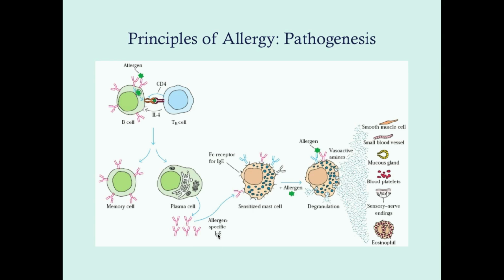Those antibodies will also be expressed on the surface of mast cells, and so when you come into contact with the allergen again, and that allergen interacts with the antibody on the mast cell, those mast cells can degranulate, and they secrete all sorts of things. One of the more important things that it releases is histamine, and histamine is a major mediator of the inflammatory response.